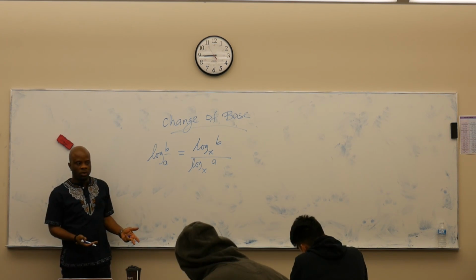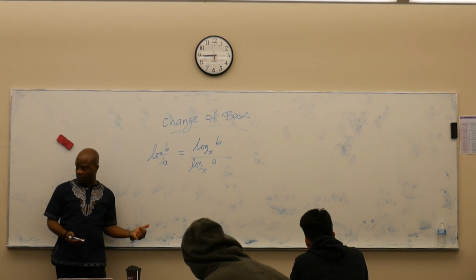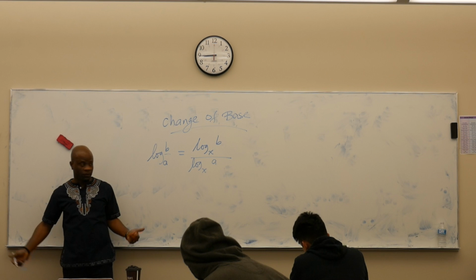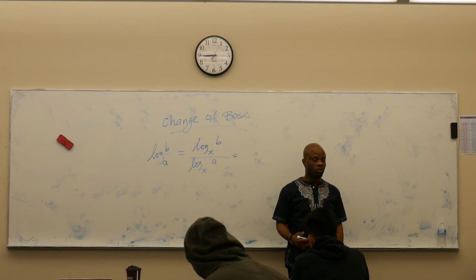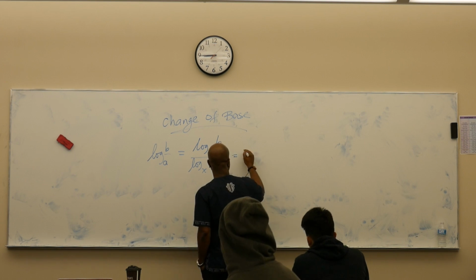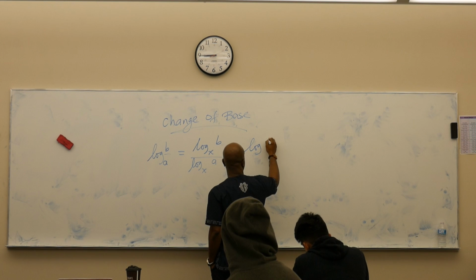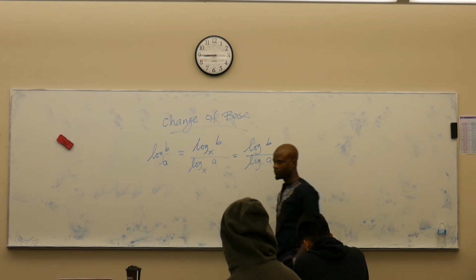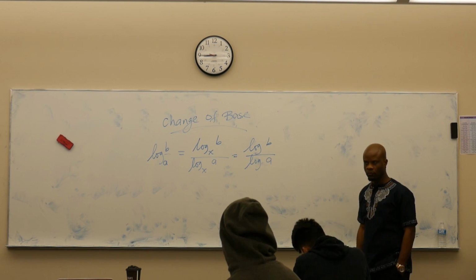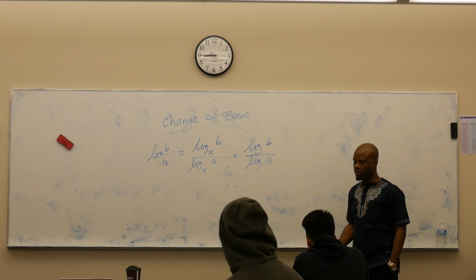Now, because we're going to be using our calculators in this section, at least for the homework section, I can write this as something that the calculators allow me to do, which is going to be the log base 10 of b over the log base 10 of a. But that's not the only log button on my calculator.